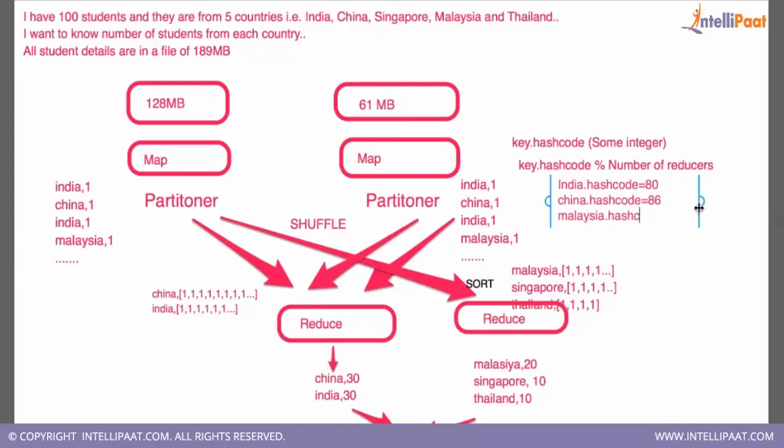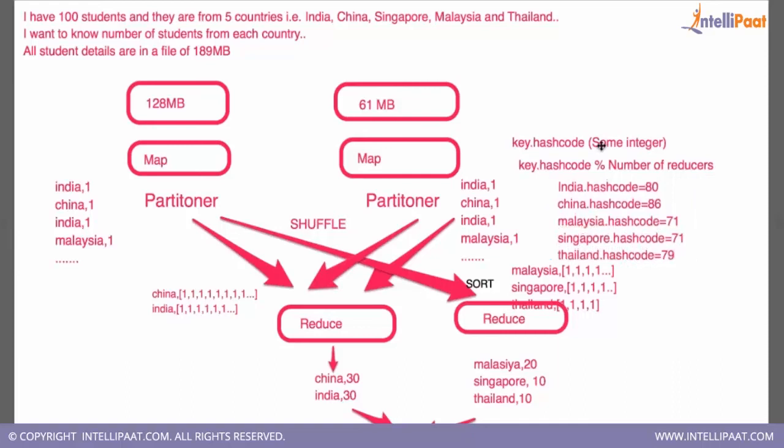Malaysia dot hash code 71. Singapore dot hash code again 71. Nobody knows. Thailand 79.